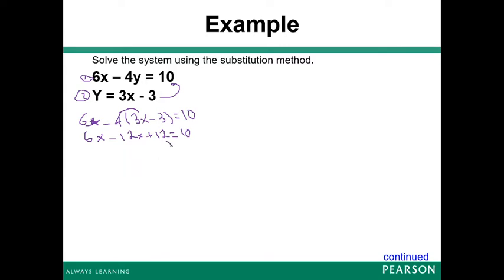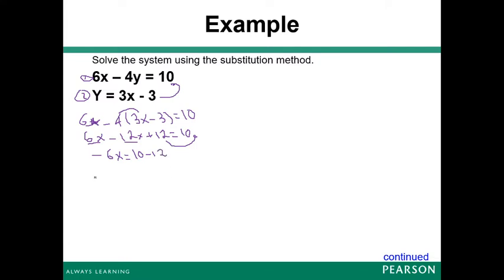This 12 can go to the other side. And 6x minus 12x can be simplified. 6x minus 12x is minus 6x equal to 10 minus 12.